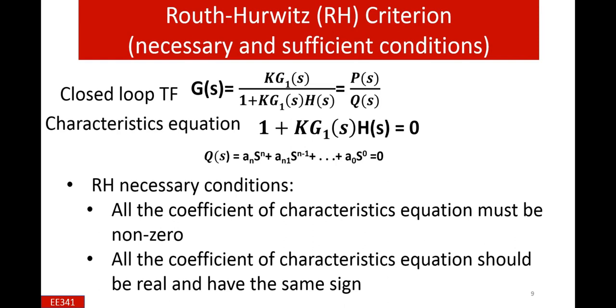Similarly, if all the signs of the polynomial are positive or all negative, then we have to apply the RH criteria. In other words, if both signs are present in the characteristic equation, then the system is already unstable.